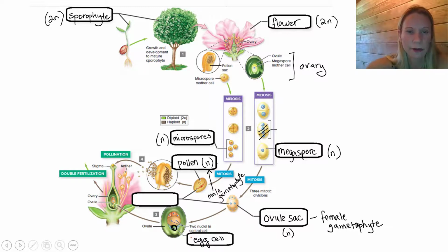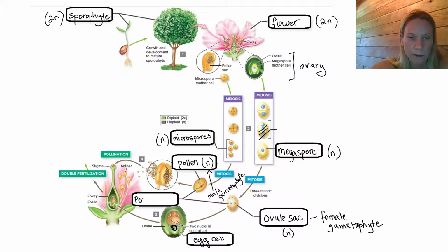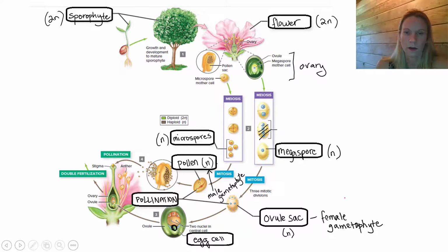Okay, so let's label the pollination process. The pollination process involves the pollen transferring to the stigma of the female part of the flower.